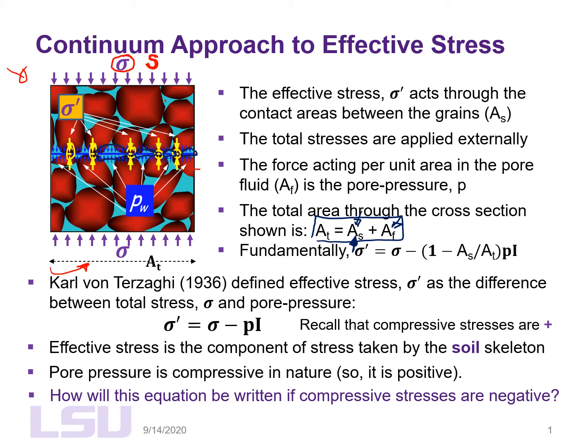And the stress that acts across the blue, across the area of the fluid, that is pore pressure. So that's how we partition total stress into effective stress and pore pressure.